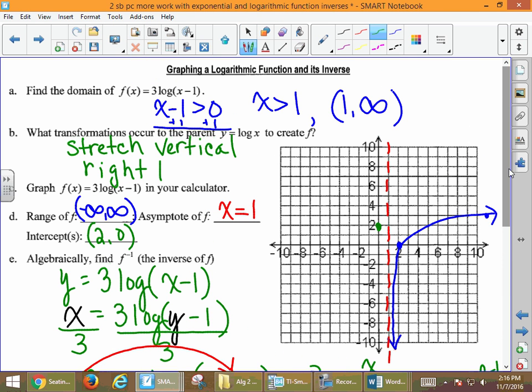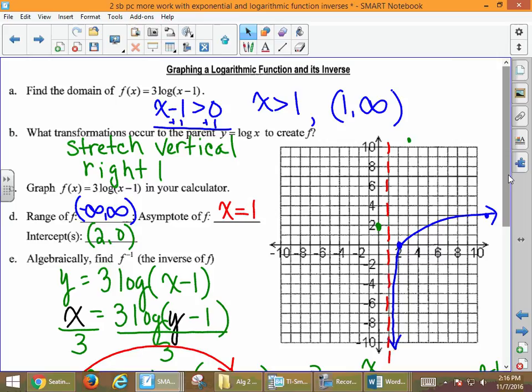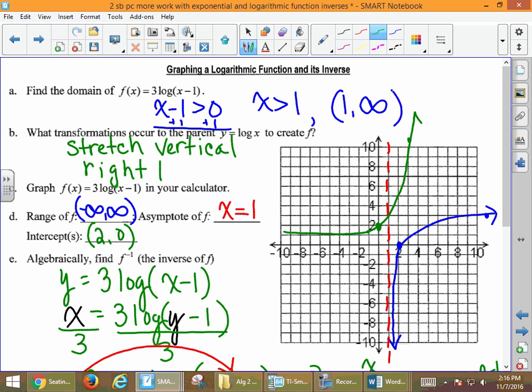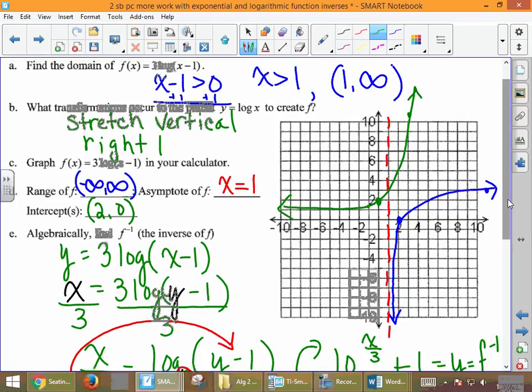And then I may just want to get one more point here, maybe negative 1. Negative 1 is roughly 1.5. And there is our picture of our inverse function, the inverse of our logarithmic, which is an exponential.